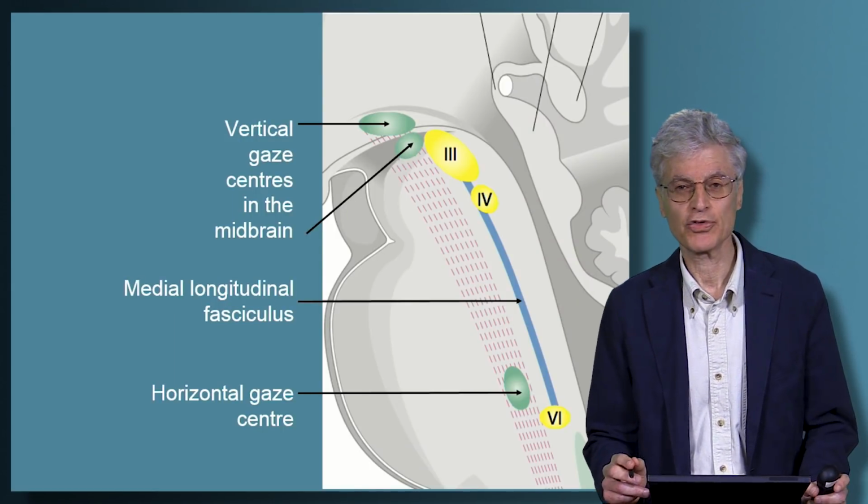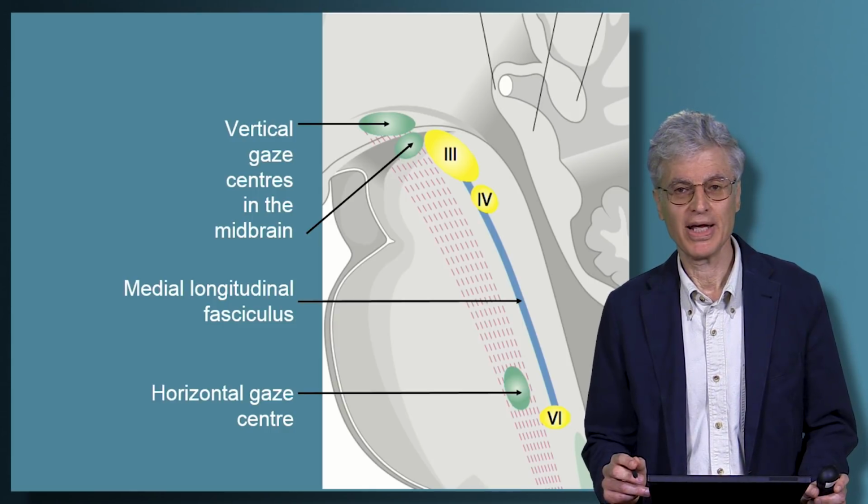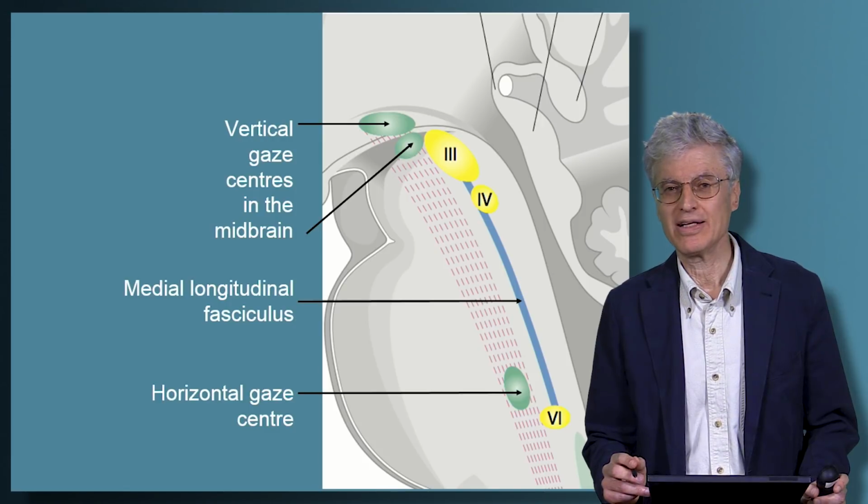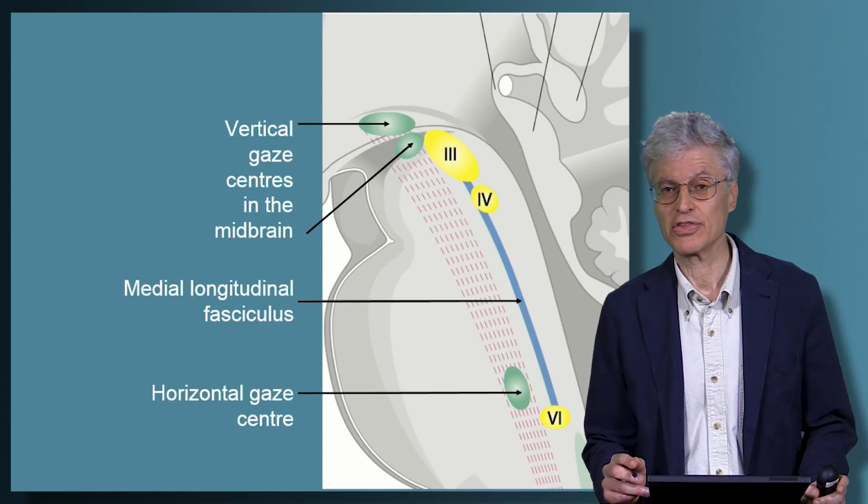This is a close-up sagittal view of the midbrain and the pons. Those green ovals represent vertical gaze centers in the midbrain that have received those signals from the frontal eye fields and tell the 3rd and 4th cranial nerves to move the eyes up and down. At the bottom is the equivalent green oval for the horizontal gaze center, which tells the 6th cranial nerve nucleus to move the eyes horizontally.